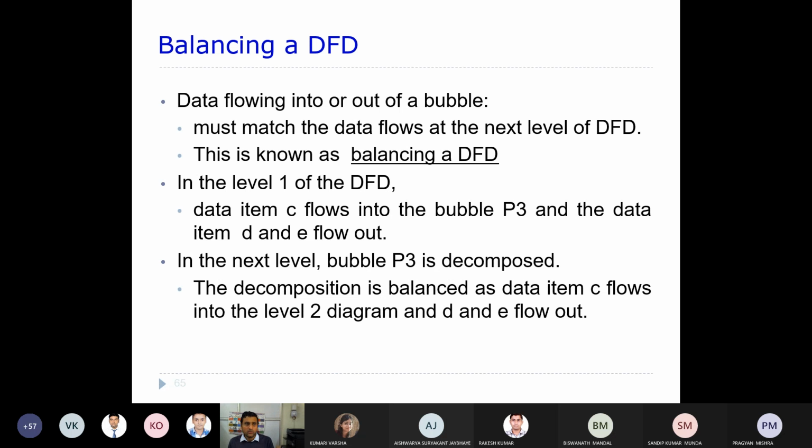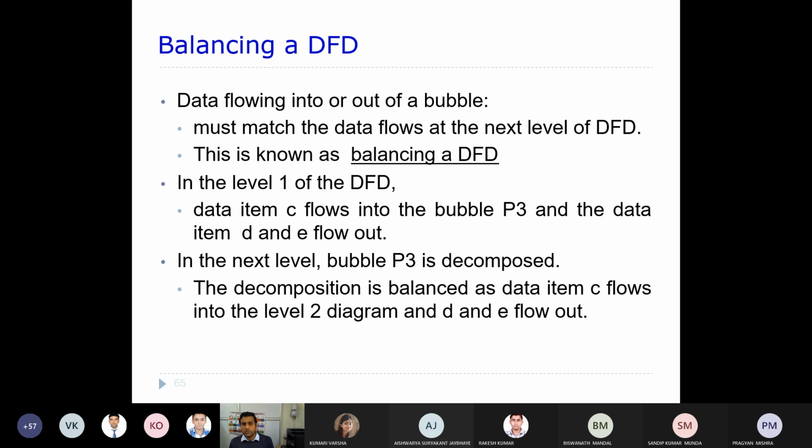Now, one of the important aspects of DFD is that you need to always balance the DFD. As I told you, as part of this DFD, data flows into a bubble and data goes out from a bubble, right? Usually that is what happens. Now, let's say in the next level we are decomposing that particular bubble into sub bubbles.